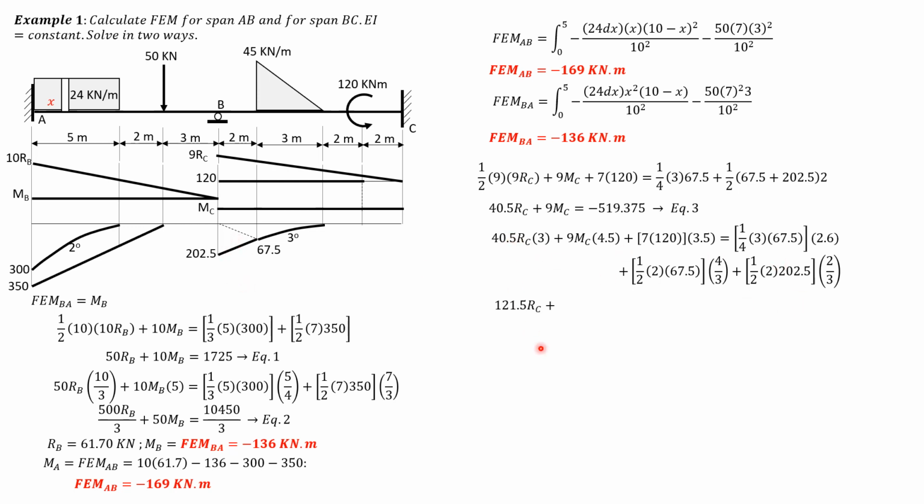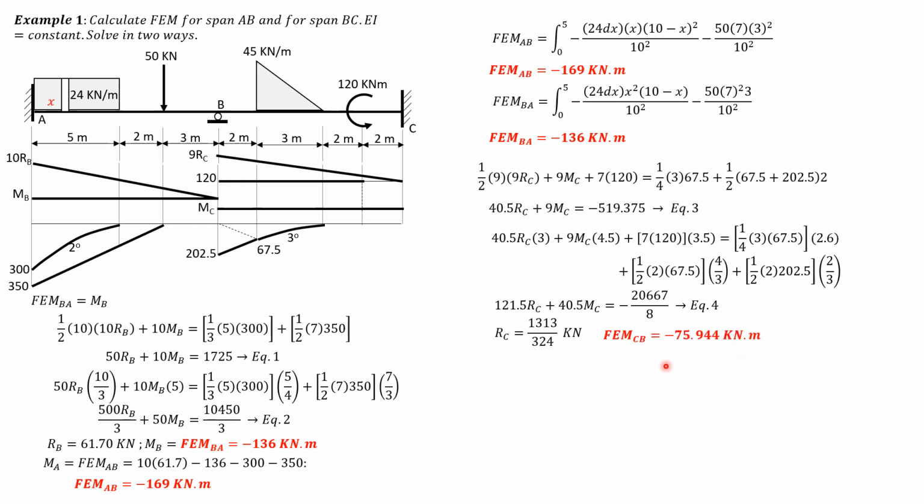So simplifying, we have 121.5 R sub C plus 40.5 M sub C equals negative 20,667 over 8.